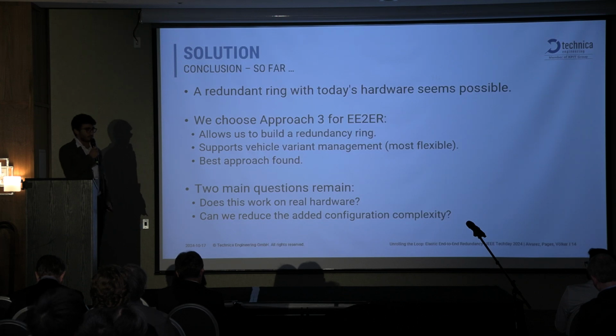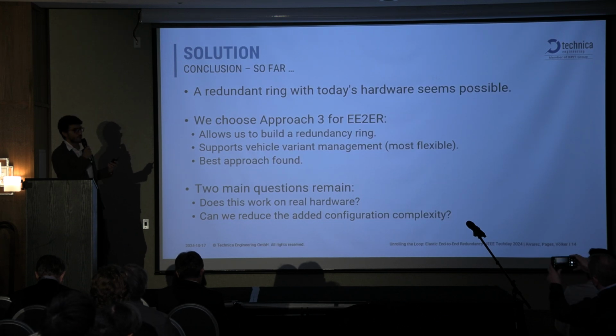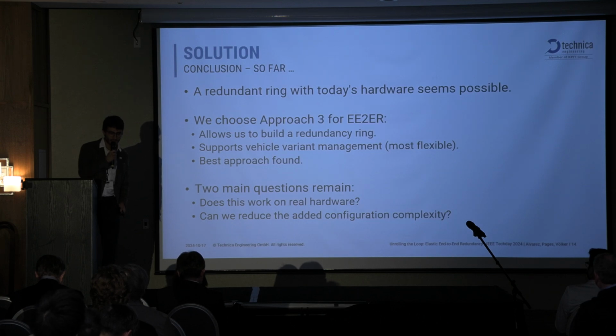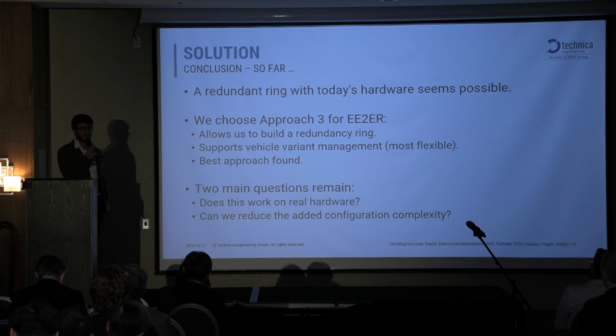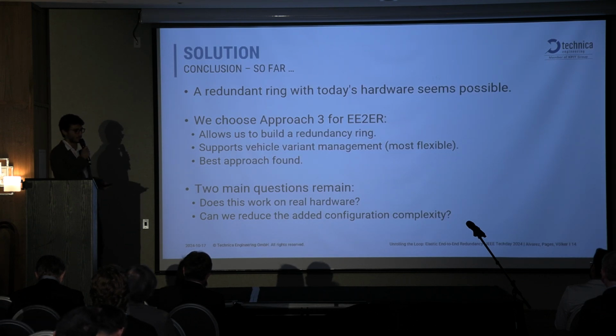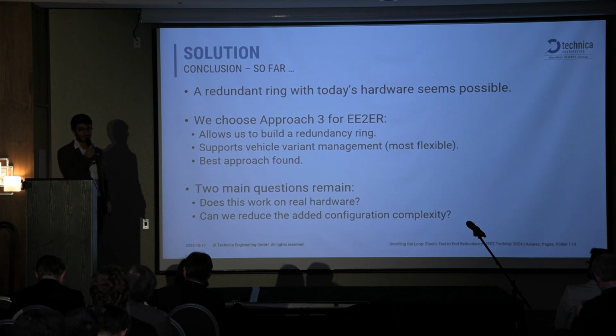The second conclusion is that we have chosen our third solution for this elastic end-to-end redundancy proof of concept because it allows us to create the ring that we wanted. It's also the most flexible solution, which is quite important to support vehicle variant management. And overall, it has proved to be the solution that has shown the best mechanism and the best approach of the ones that we have analyzed.